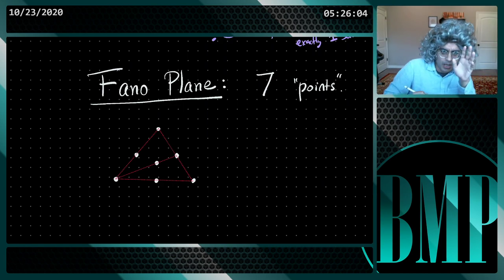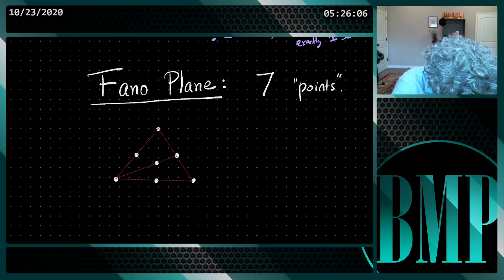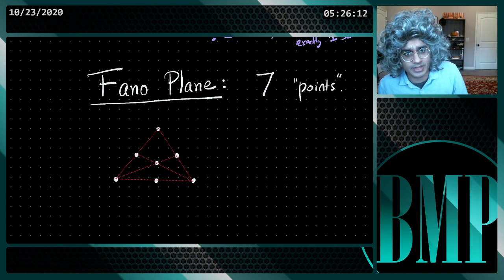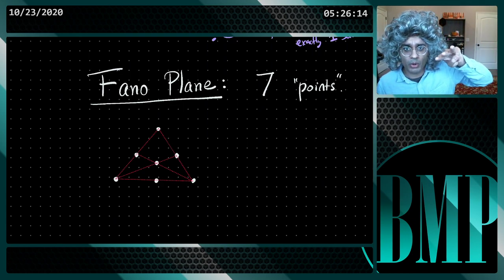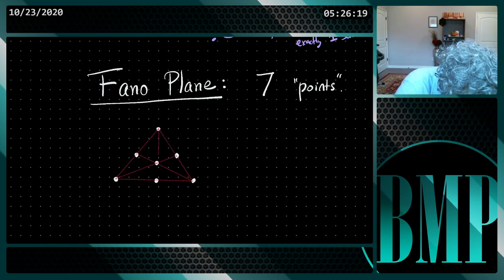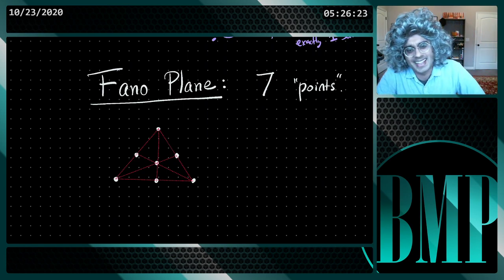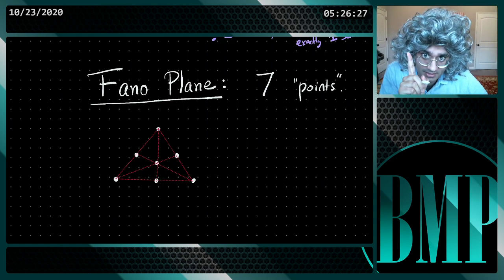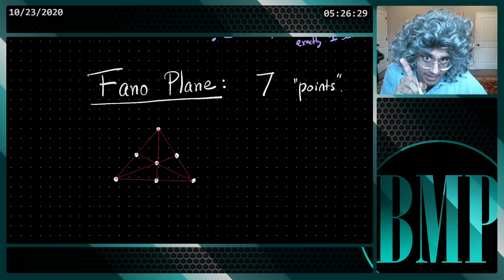I'll show you another line. This is a line. That's considered a line too, that triple of points. Here's a line. That's a line too, the vertical one. And then there's one more line. Sloth, there's one more line.